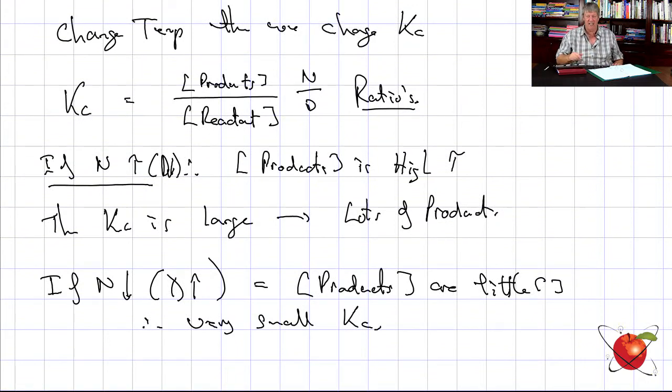The value of Kc at any point, at any temperature, is a very good indicator as to how this reaction is going, isn't it? If Kc is 1,000, it means you have 1,000 times more product than you do reactant, right? So it means that you've got a high yield. What does yield mean?